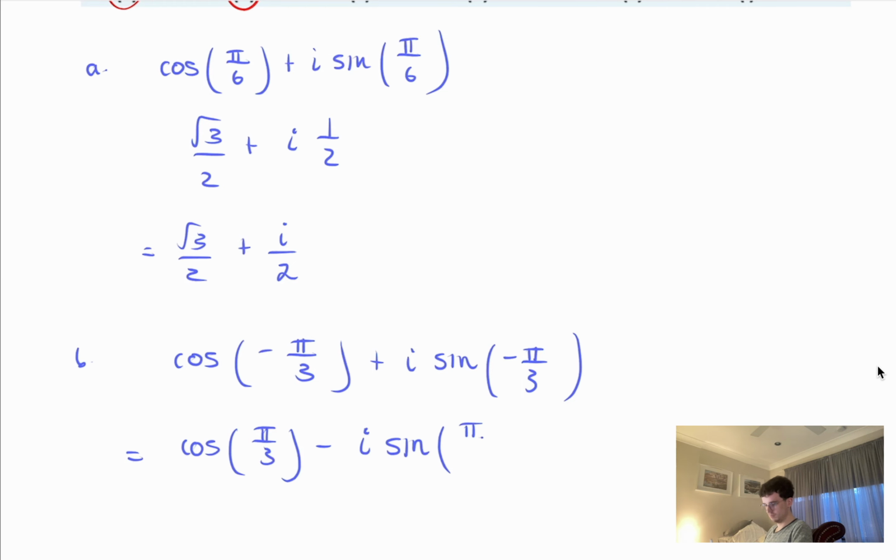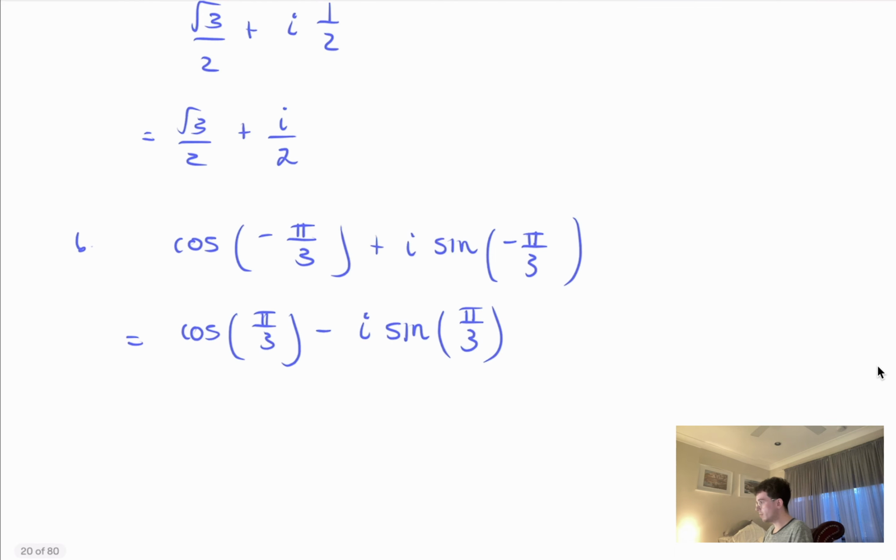Now, a lot of students just like to memorize that that's true, but the actual reason is because cos of negative theta is the same as cos of theta, and sine of negative theta is the same as negative sine of theta. Now, cos of pi on 3 is 1 on 2, and sine of pi on 3 is root 3 on 2. We get 1 on 2 minus root 3 on 2 i. And those are those two done there.